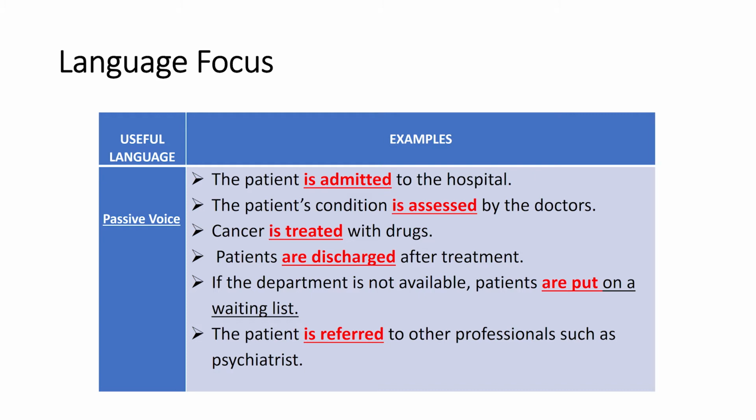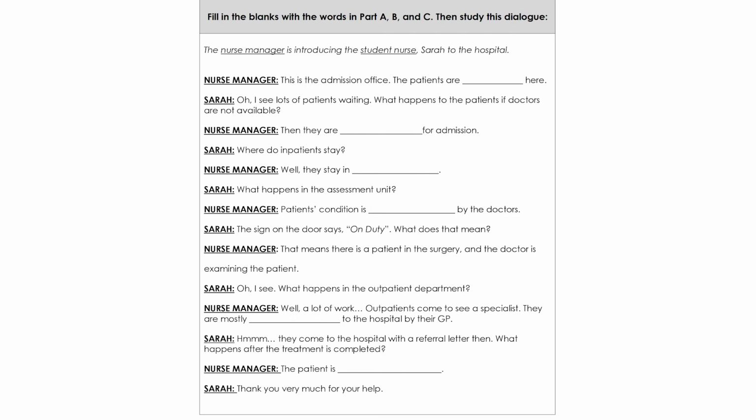If the department is not available, patients are put on a waiting list. The patient is referred to other professionals, such as psychiatrists. Now, fill in the blanks with the words in part A, B, and C, and then study the dialogue.